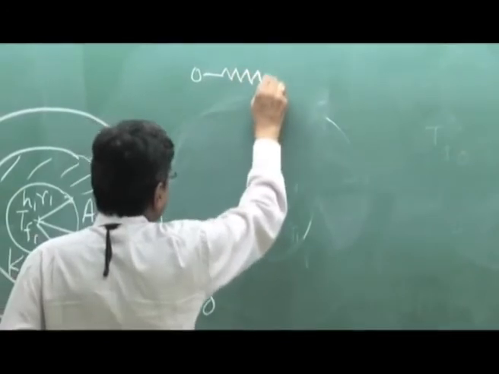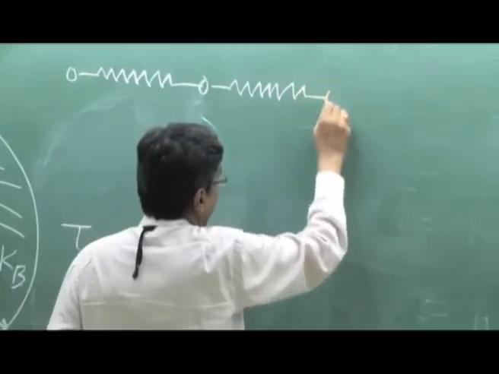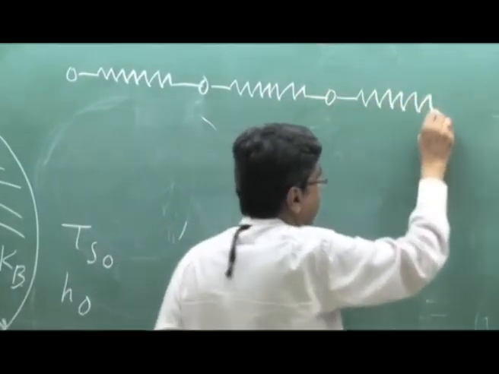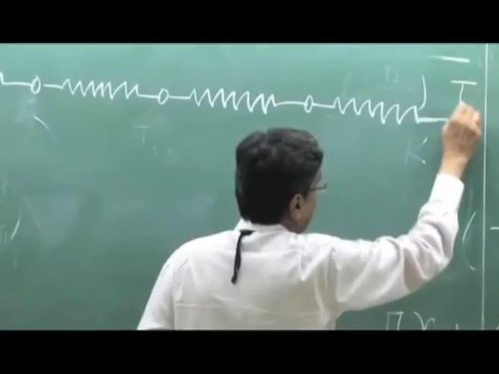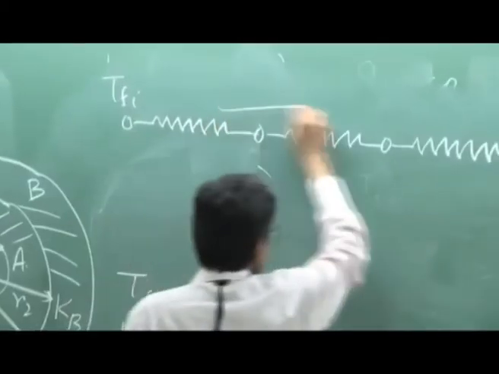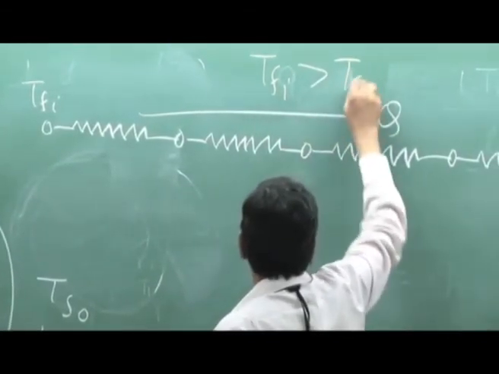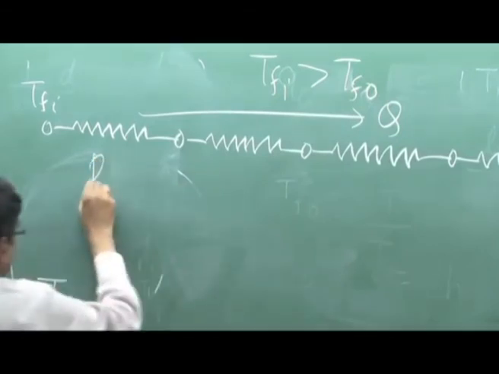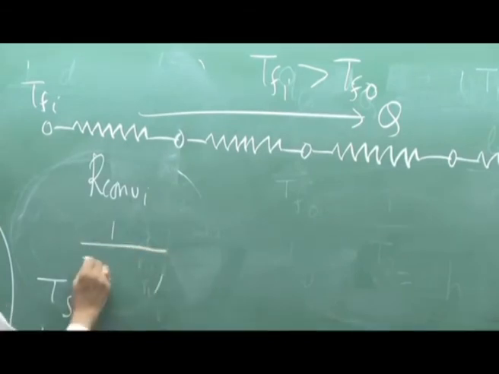One convective resistance, then two conduction resistances, and again a convective resistance, so that these two terminals are the extreme potentials. TFI is greater than TFO, and Q flows like this. We get this convection resistance: 1 by twice pi R1 L Hi.